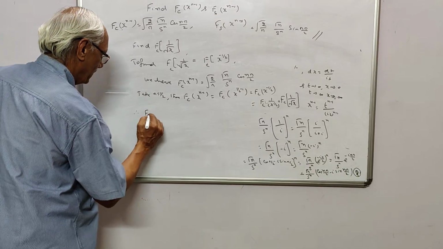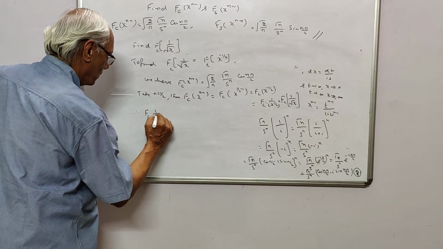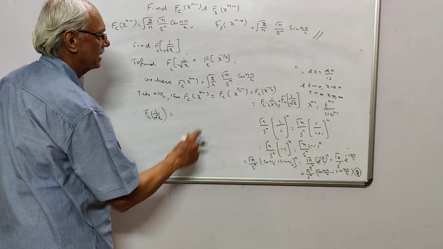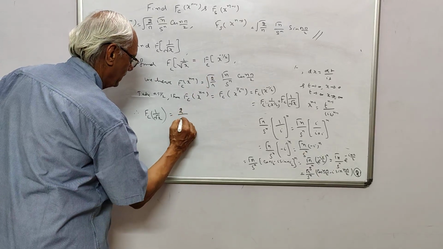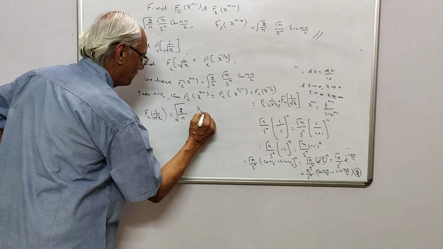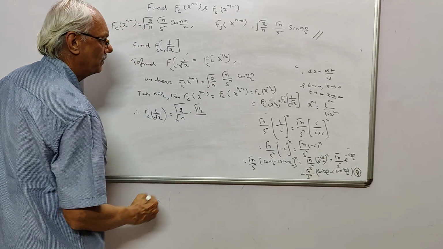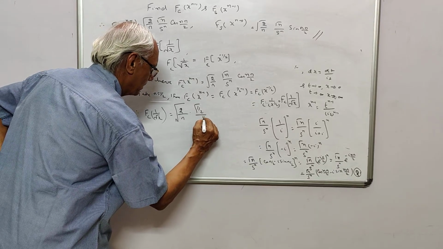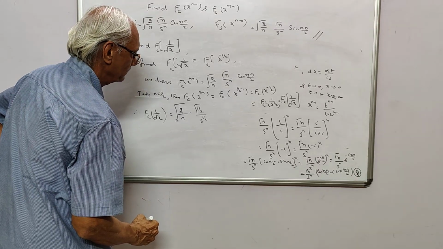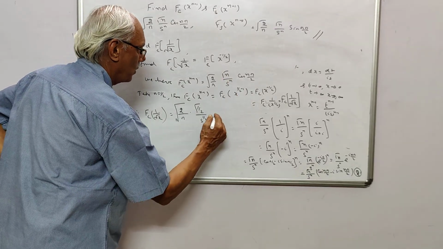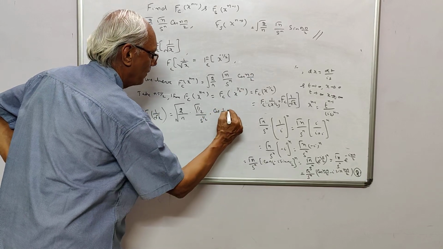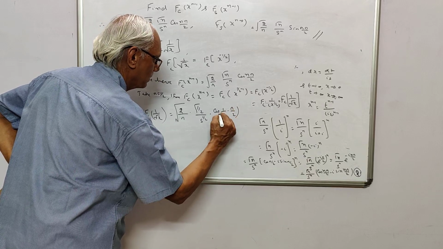Therefore, Fc of 1 by square root of x is equal to, wherever n comes, so here it is 2 by pi into gamma of half divided by s to the power of half, then this is cos of n is equal to half into pi by 2.